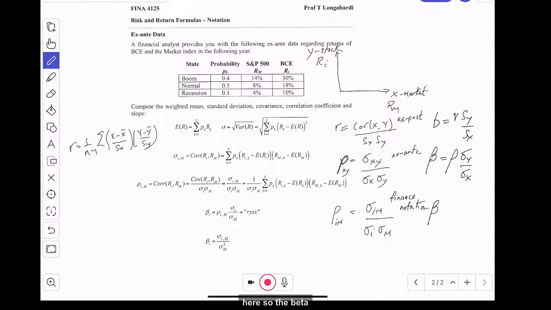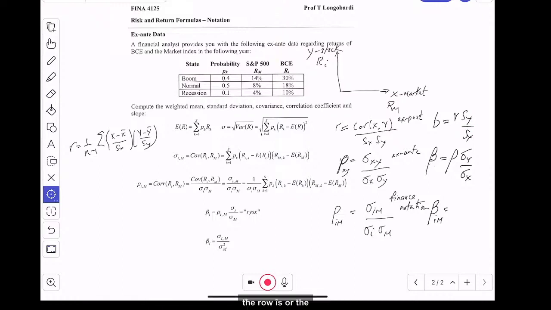So the beta of Im for finance is also r sy over sx.